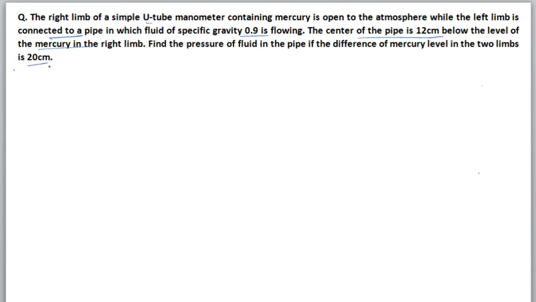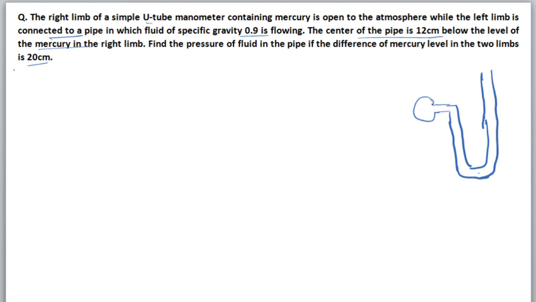So let us draw the figure. Based on the data given, you can easily calculate the pressure inside the pipe. Drawing using a graphic tablet is not that good, but I am trying my level best to draw it in a proper way.